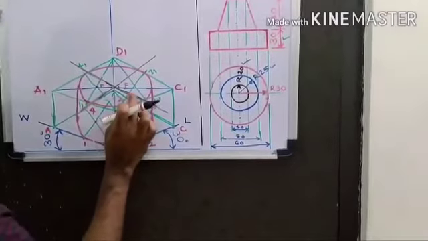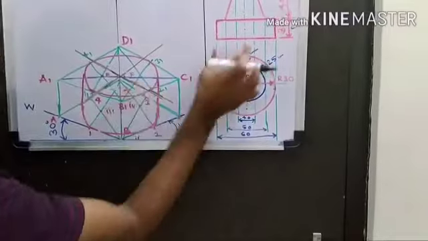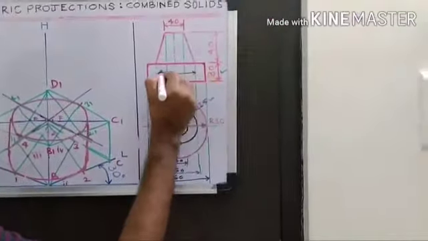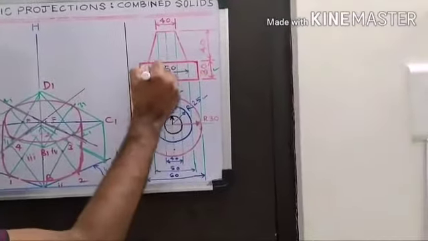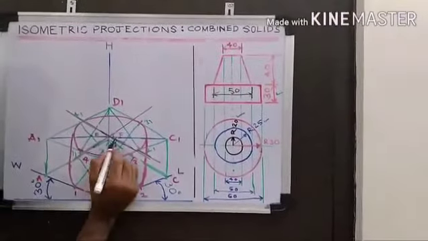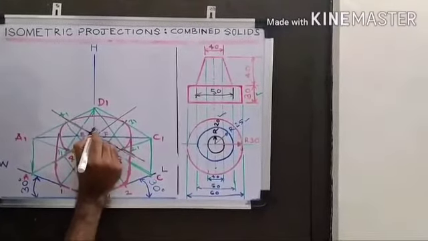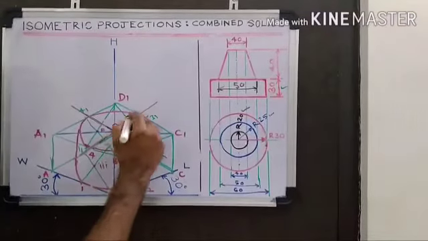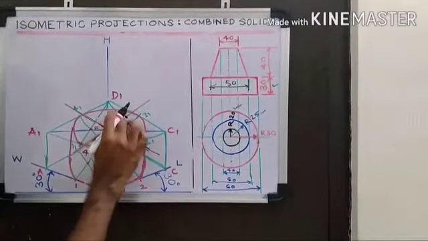After that, remember this. Now that this length is 50. This length is 50. Therefore, represent this point as O. This side isometric length of 25.